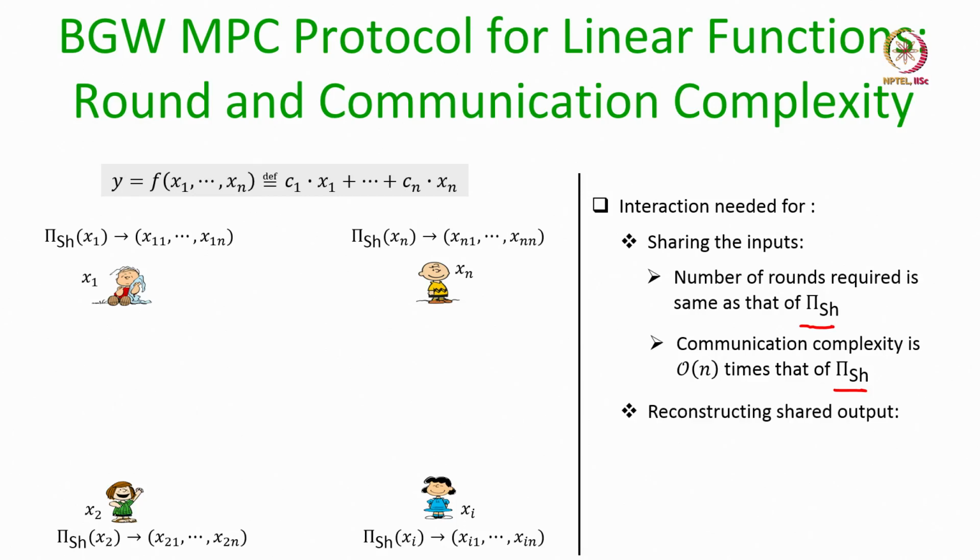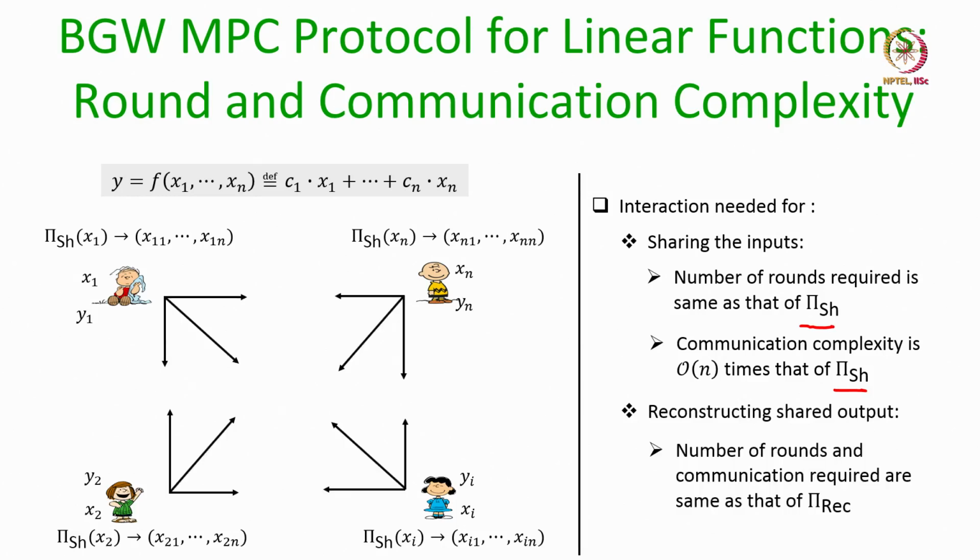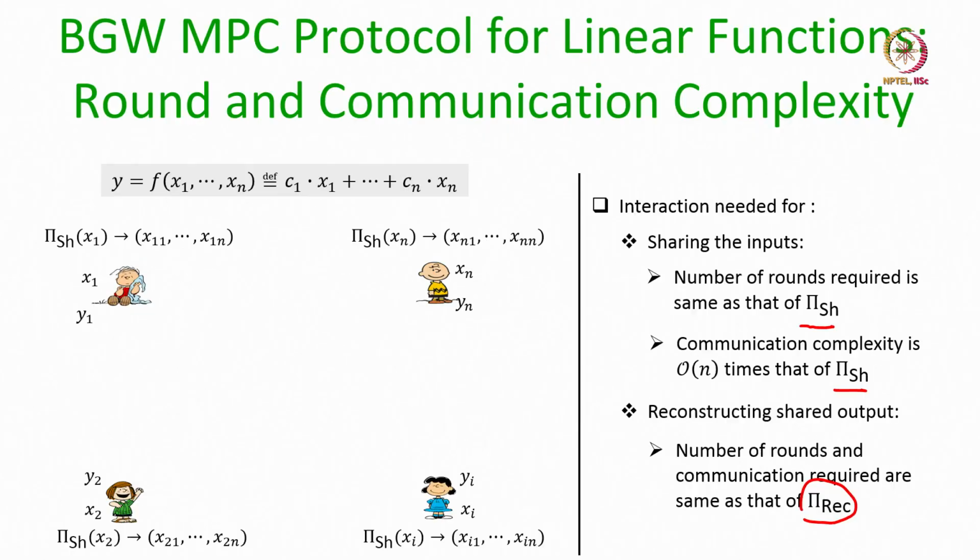During the computation stage, no interaction is involved, and again interaction is involved during the reconstruction stage when the parties exchange their shares of the function output, and that will require the same number of rounds as the reconstruction function of the underlying secret sharing scheme. So, that is a very simple, perfectly secure MPC protocol for linear functions.